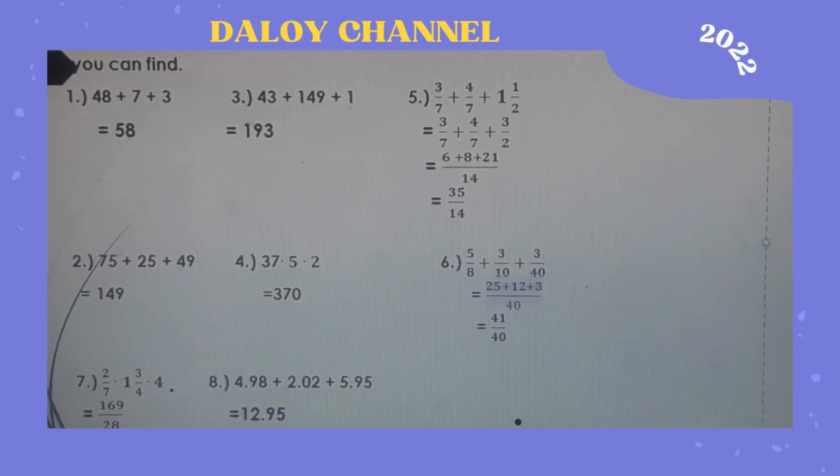And 40 divided by 40 is 1 times 3 is 3. Combining all the numbers in the numerator, since they are like signs, it is equivalent to 40 over 40. Finally, the answer is equal to 1.